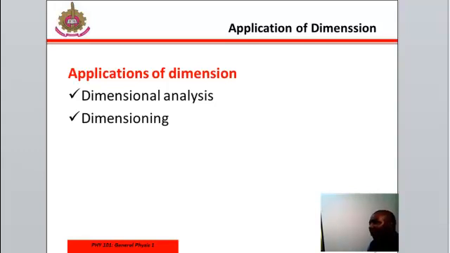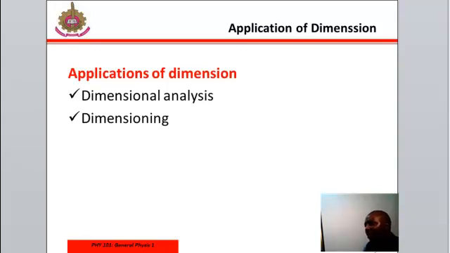We may decide to verify an equation of motion, the first equation of motion, which is given as v equals u plus at, and see if the right hand side is equal to the dimension of the left hand side. Under standard conditions, the right hand side dimension must be equal to the left hand side.